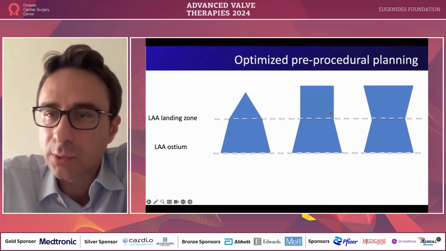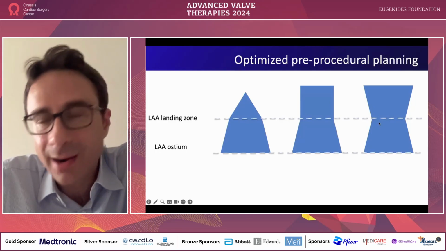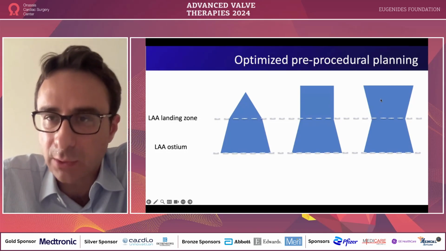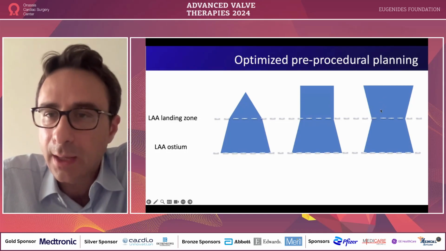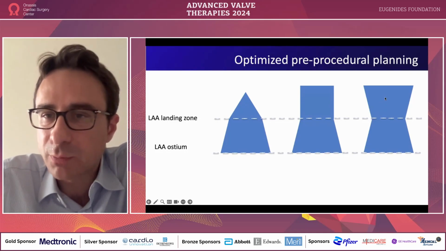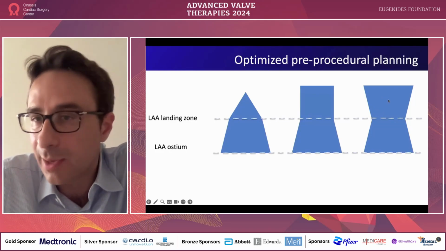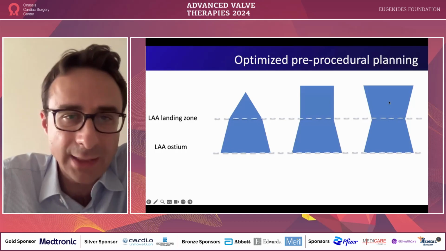specific LAA structure. For the one on the right, I would probably go with a larger size device, let's say a 28 millimeter, just because the distal part of the left appendage is much more represented and may accommodate a larger lobe, a larger distal part of the device.